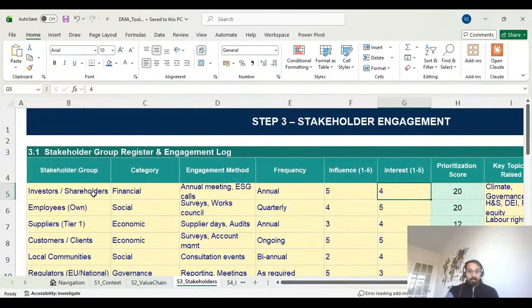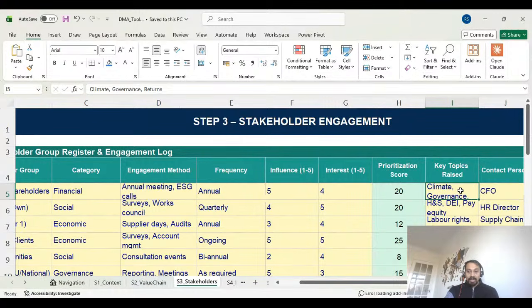So you can ask your investor whether the key topics they have raised, which are climate and governance, influence them or not. Then you can add your influence score, 1 to 5. If you think that climate and governance can influence investors and shareholders, then you can give a five, which is true, because climate change and the governance structure, board members, and senior management can influence your investors and shareholders.